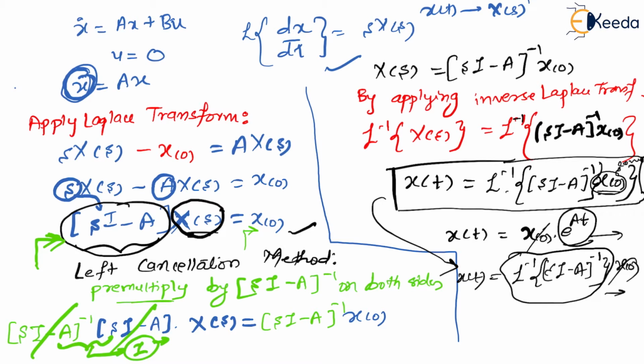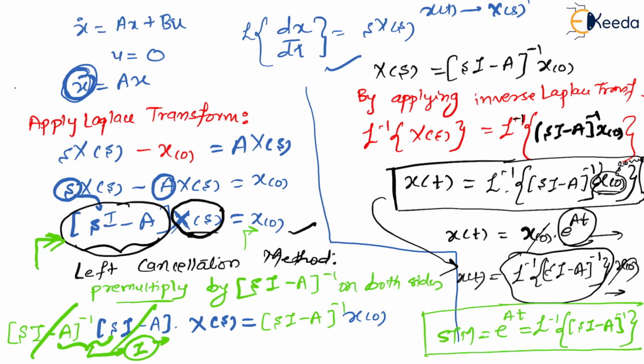So e to the power At is equal to Laplace inverse of (sI minus A) inverse. This is nothing but the STM, the state transition matrix. I hope you are understanding this point. So in our Laplace transform approach, e to the power At is nothing but Laplace inverse of (sI minus A) inverse. Don't forget to take the inverse of (sI minus A). That is very, very important.